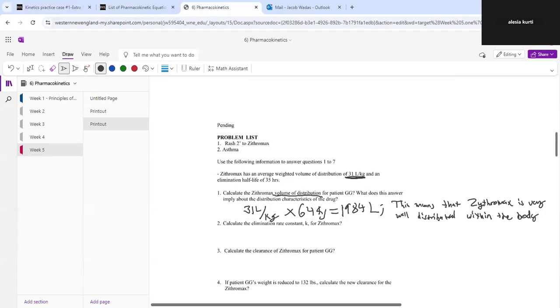There's a chart in one of the slides with different ranges of volume of distribution and categories, like the central cavity and the peripheral cavity. There might be a multiple choice question on the exam giving you different cavities it could be in, so I would just double check the notes.